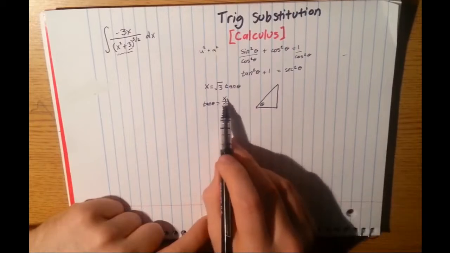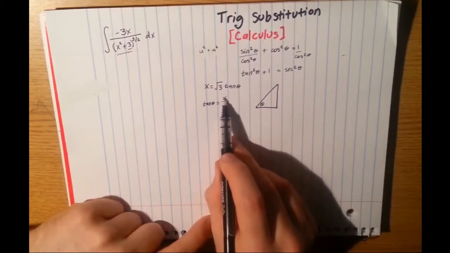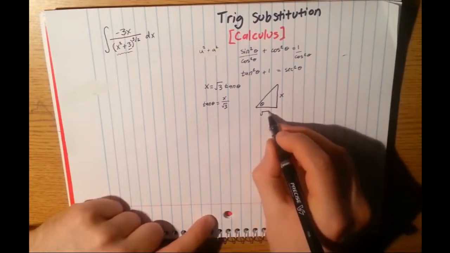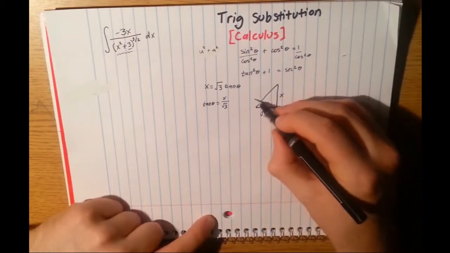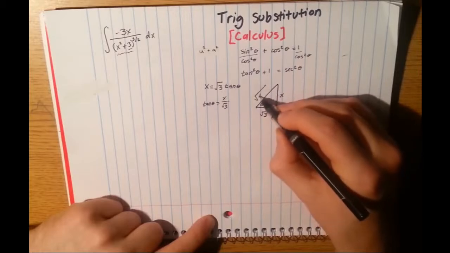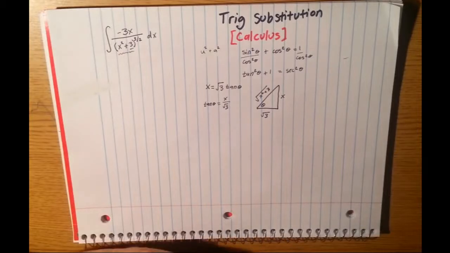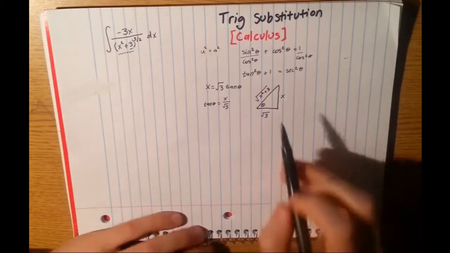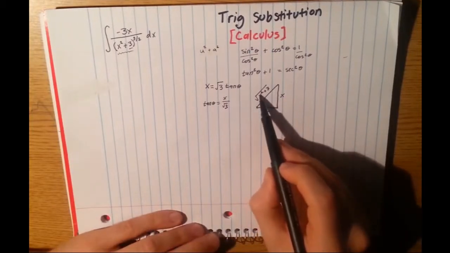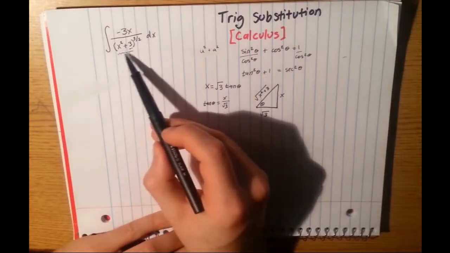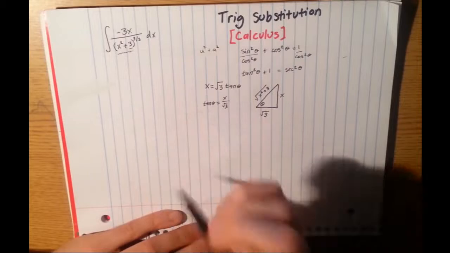This is my opposite side, this is my adjacent side, so this is x over root 3, so the hypotenuse is going to be the square root of x squared plus 3. Okay, I feel very good about this because what's inside this radical, x squared plus 3, is the same thing as what's inside this radical right here. So I'm on the right track.